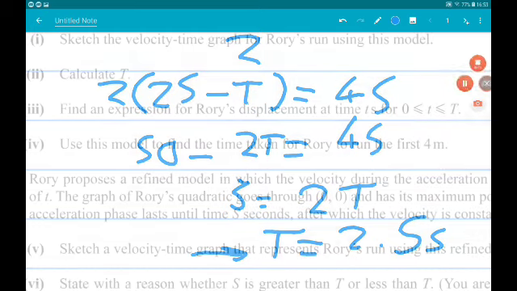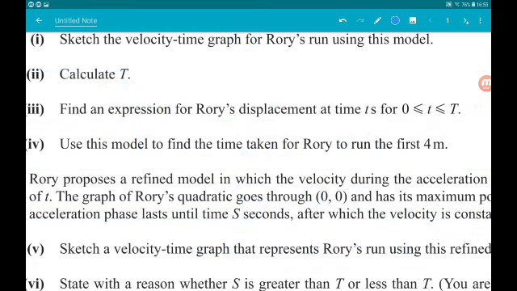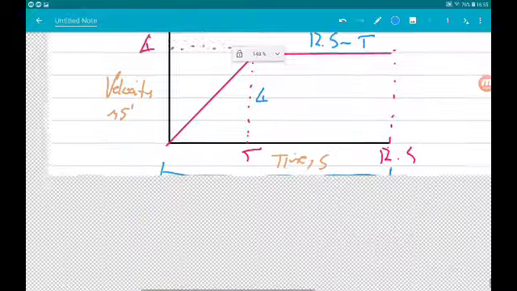Cool. And part 3 wants us to find an expression for Rory's displacement after little t seconds for little t greater than or equal to 0 and less than or equal to big T. Okay, so this is SUVAT, which we are given.